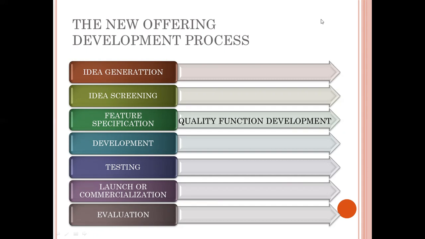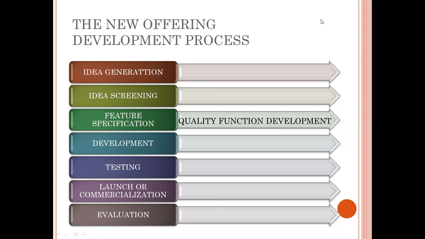From the list of component parts, the products are then designed. Thus, the feature specification process begins with a strong understanding of what consumers want and need. So for feature specification, we need to develop this QFD.